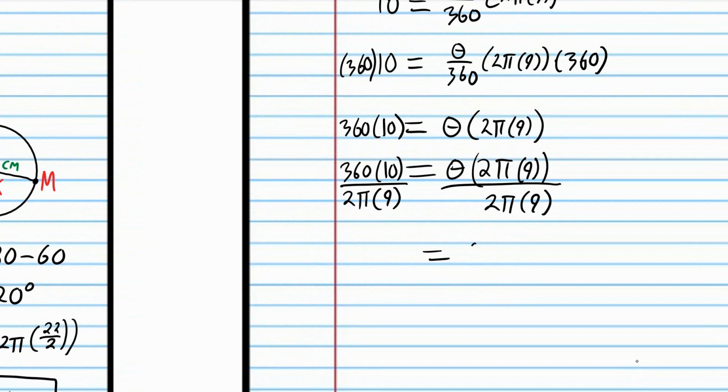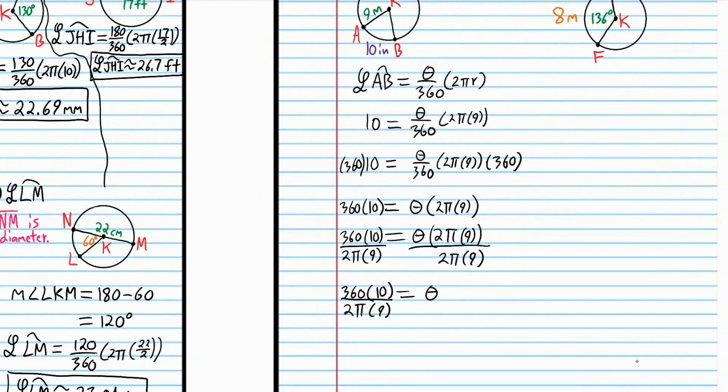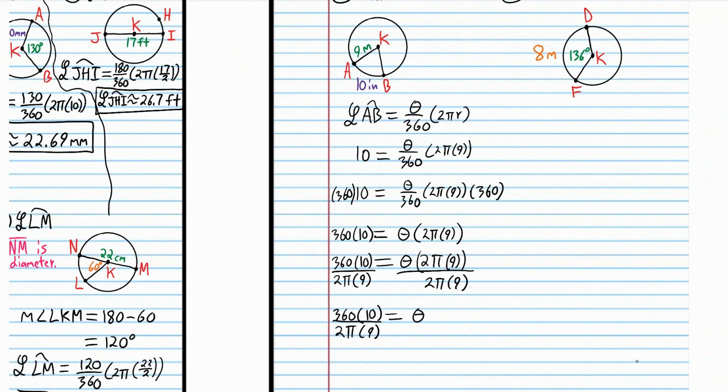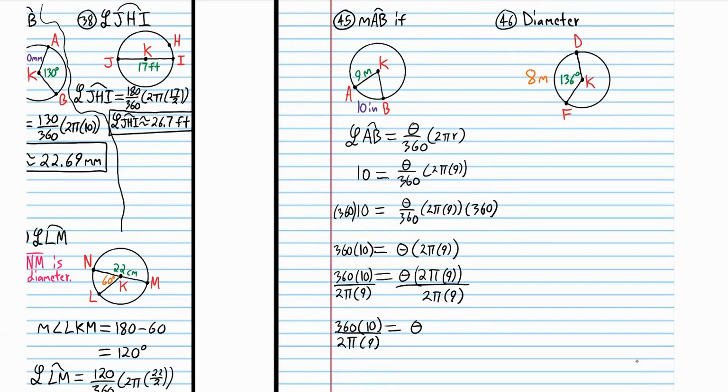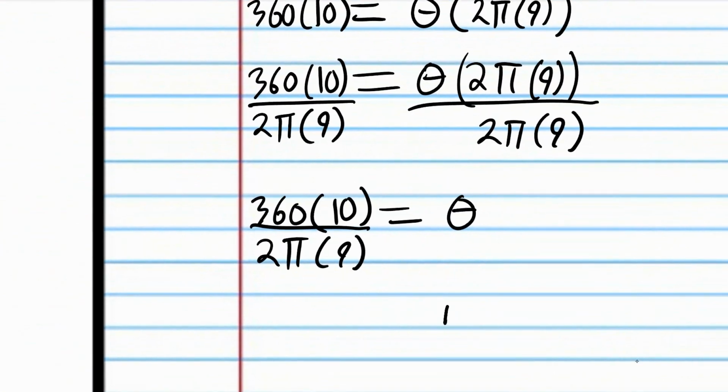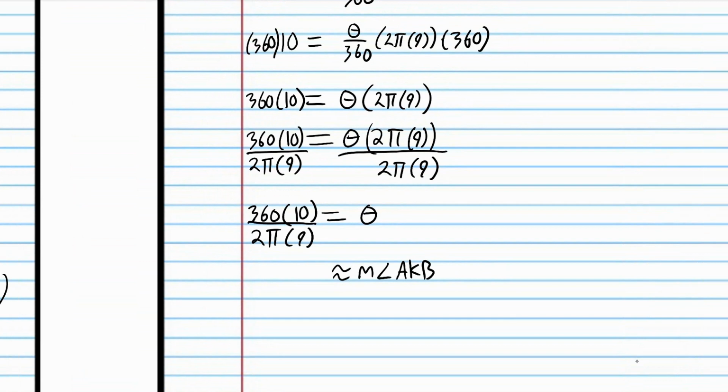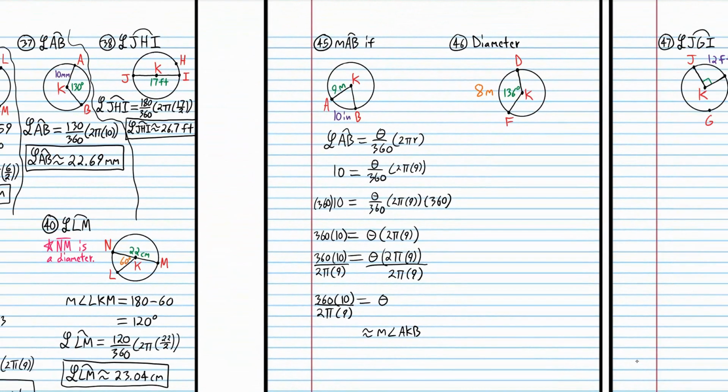And then we get theta is equal to 360 times 10 over 2 pi times 9. And theta is the same thing as the measure of angle AKB. The measure of angle AKB is approximately equal to whatever that stuff equals.